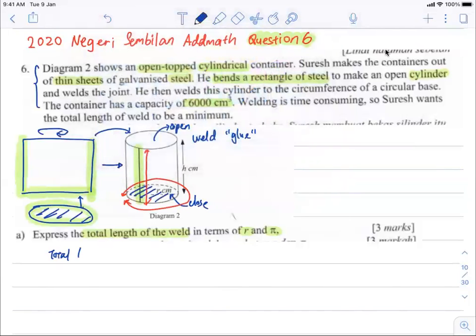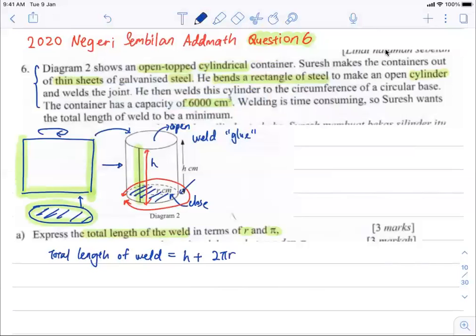The total length of welding will be, the first one is h, the height of the cylinder. And how about the circumference? The circumference of a circle, the formula is 2 pi r. So total length of the weld is h plus 2 pi r.